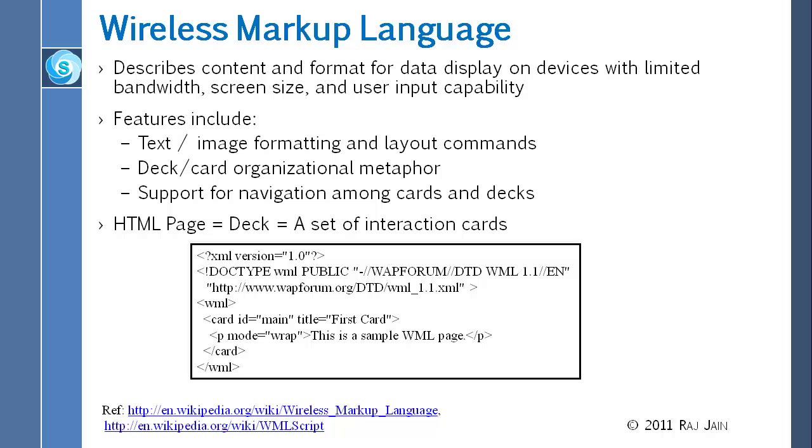With WML, what you do is you put a deck of cards, and each card is one screenful of the device. So you have this deck and the card, and you present them one card at a time, and each card looks like this. Card ID is main, title is first card, mode is wrap, and this is a sample WML page.